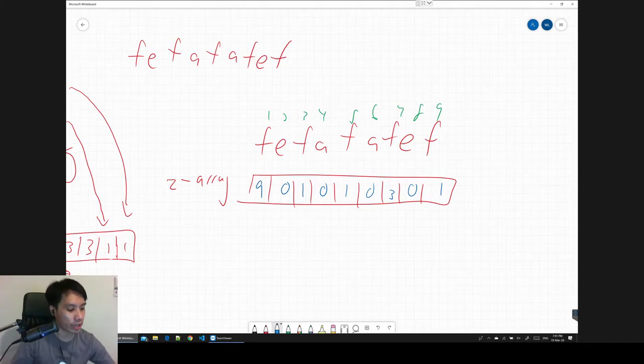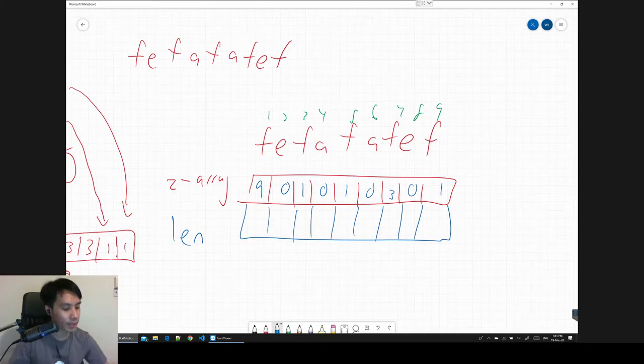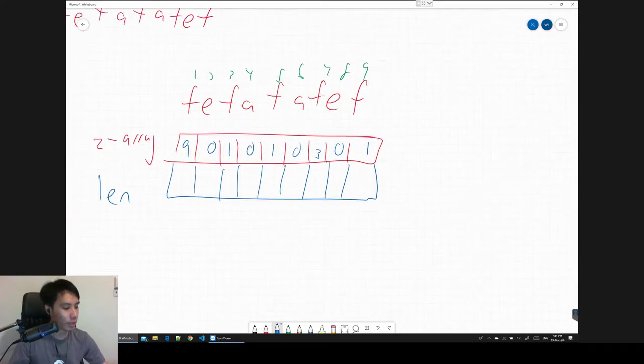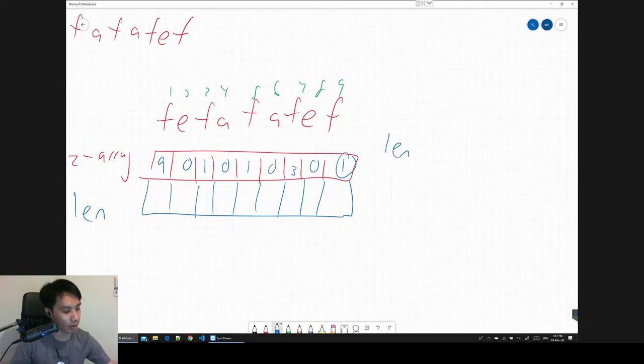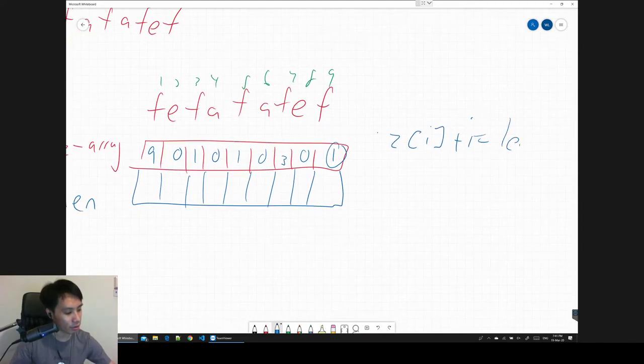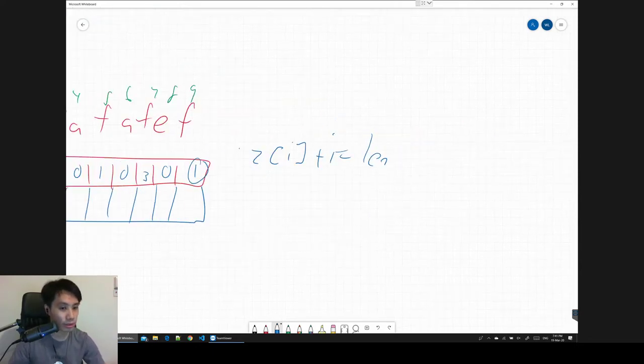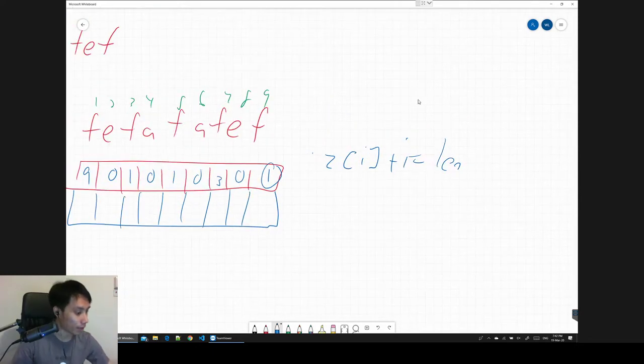Then I'm going to initialize the length array, which is what your question wants. Okay, and then I'm going to look at the number here and determine if Z of i plus i equals the length of my string plus 1.